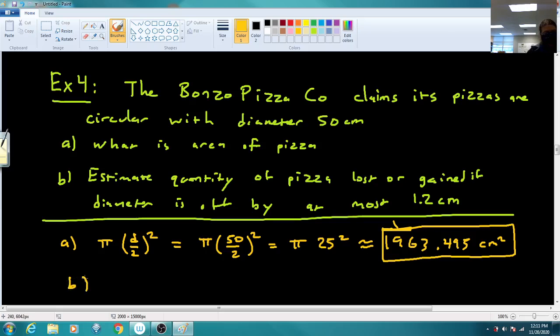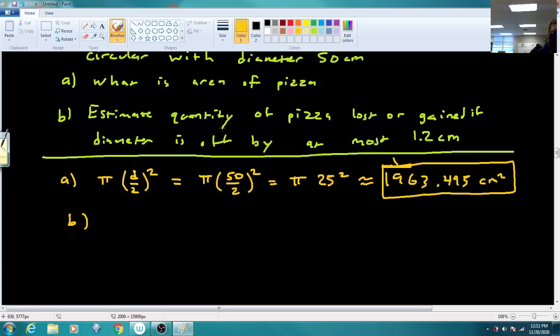That's not too bad. Part B, estimate the quantity of pizza lost or gained if the diameter is off by 1.2 centimeters. So we're trying to figure out the change in area. That's the amount of pizza we'd gain or lose. We can approximate that by area prime and then delta x. Or I guess we'd say delta r, because r is for radius. So if the area is pi r squared, if that's our area function.